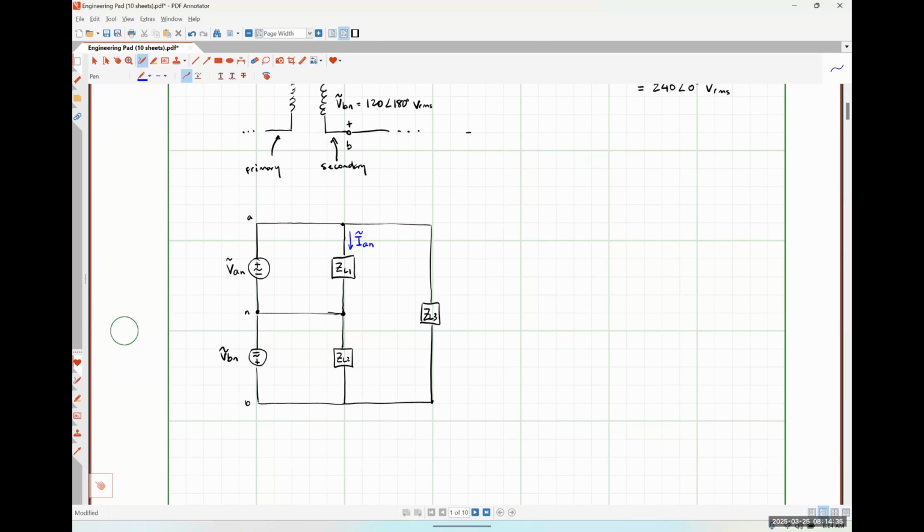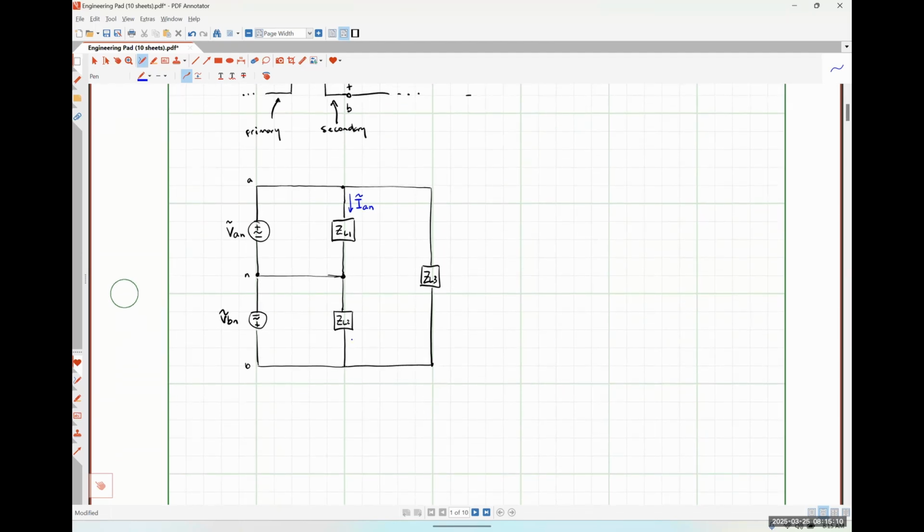Just to explain our double subscript notation: this is the current flowing through our load connected between the A and neutral conductors of our single phase, three-wire system. It's starting from terminal A and flowing towards terminal N. So for currents, the first letter in the subscript is where it starts from, and the second letter is where it's flowing to.